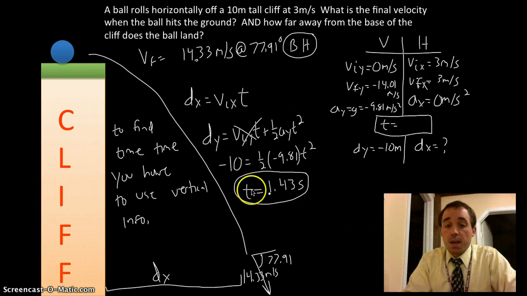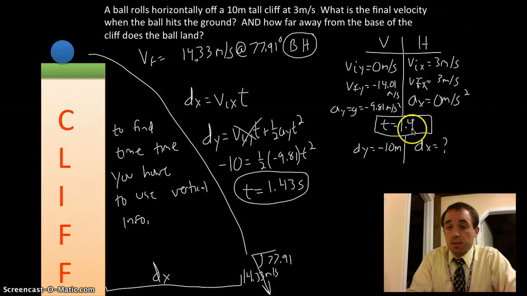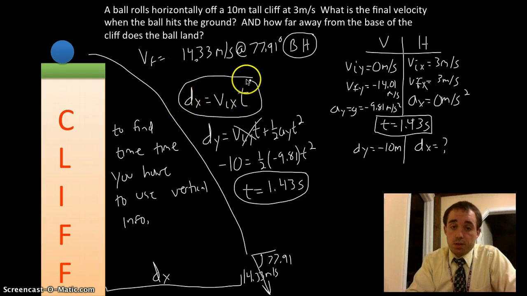So our time is now 1.43 seconds, and remember, this time is the only one that crosses this bridge. It's the only one that counts for both vertical and horizontal pieces. So our 1.43 seconds is what we need to use in this equation.